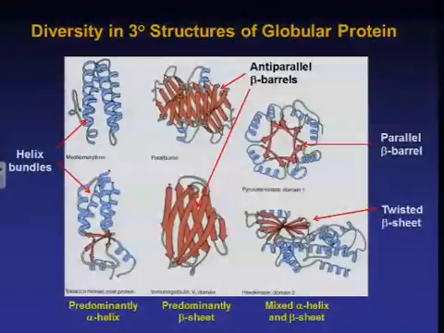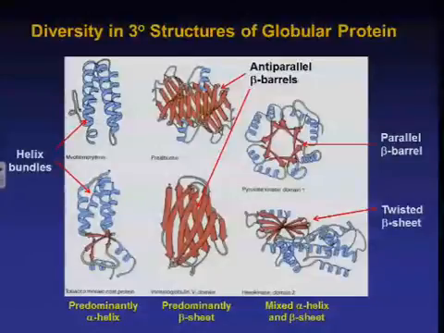They're anti-parallel. How do we know they're anti-parallel? When you see a line like that with an arrowhead on it, is that a beta sheet or a beta strand?